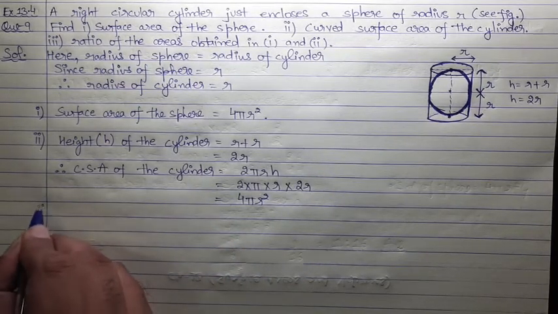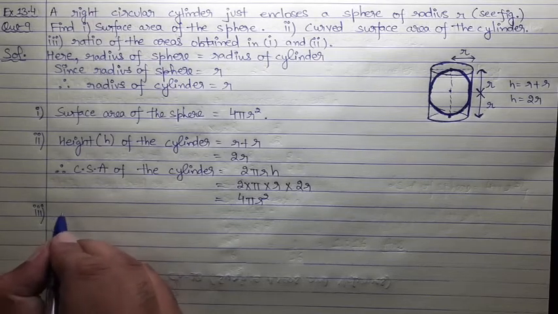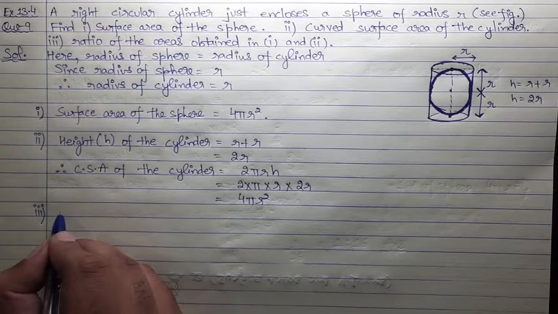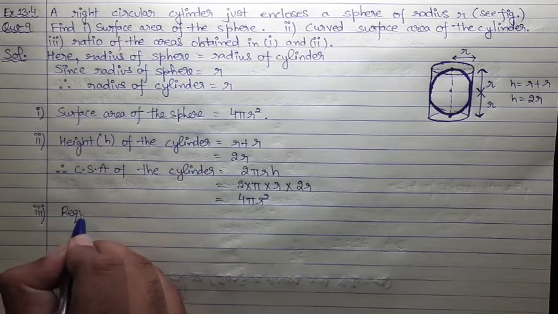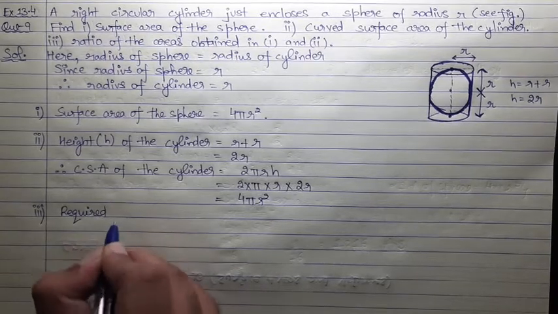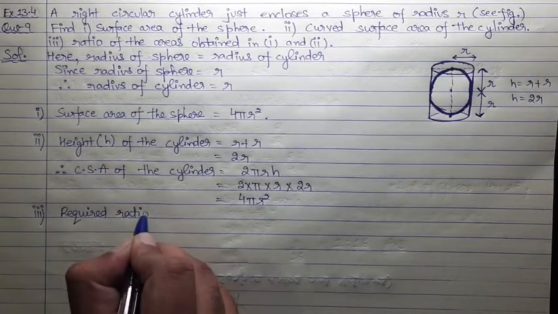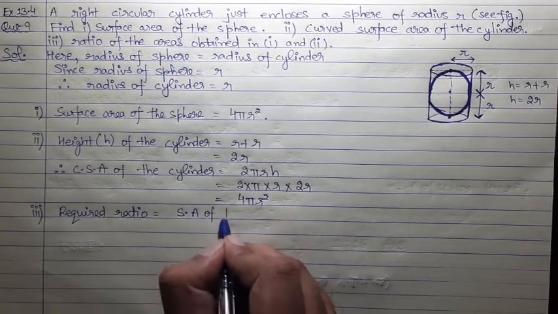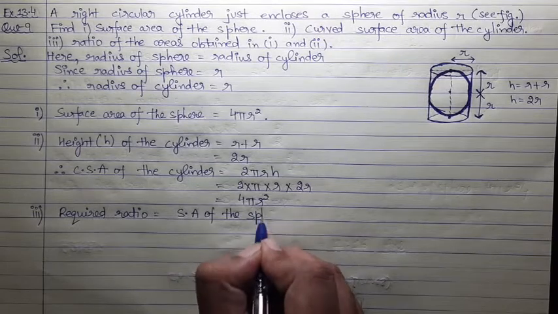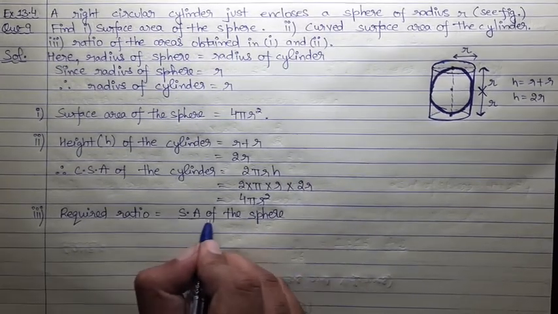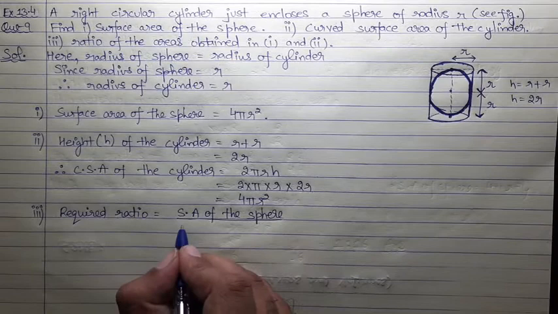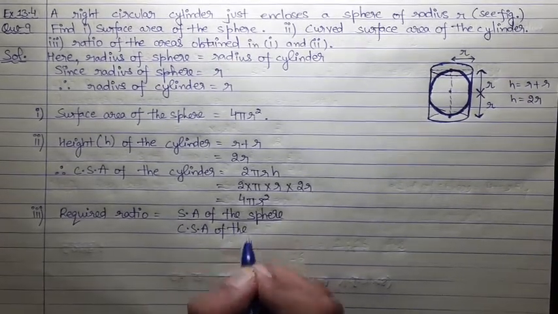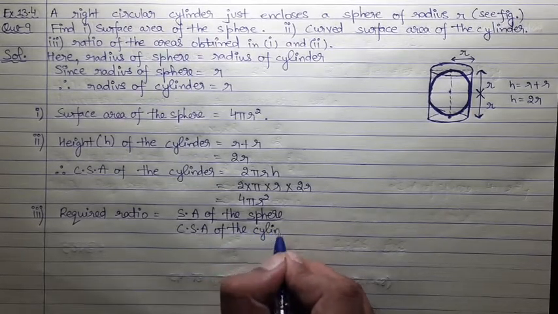For the third part, we have to find the ratio. So the required ratio is equal to surface area of the sphere obtained in first part over curved surface area of the cylinder obtained in second part.